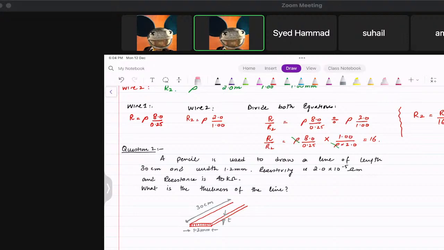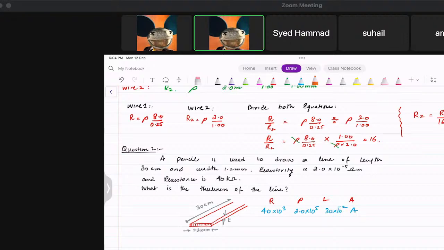Again, for this you need to put a table, right? Resistance they have given as 40 kilo, which is 10 raised to power 3. Resistivity is 2.5 times 10 raised to 5. Length is 30, you have to convert it into meters, and area is what we need, because we want to find thickness at the end.